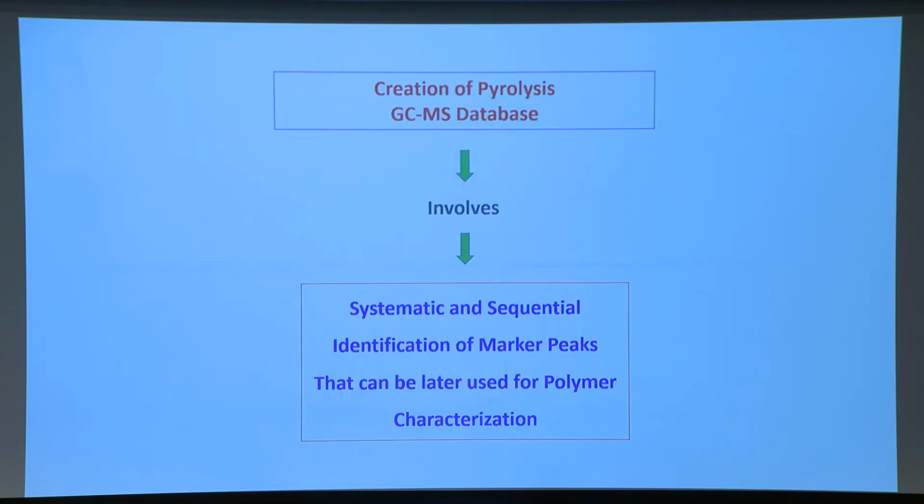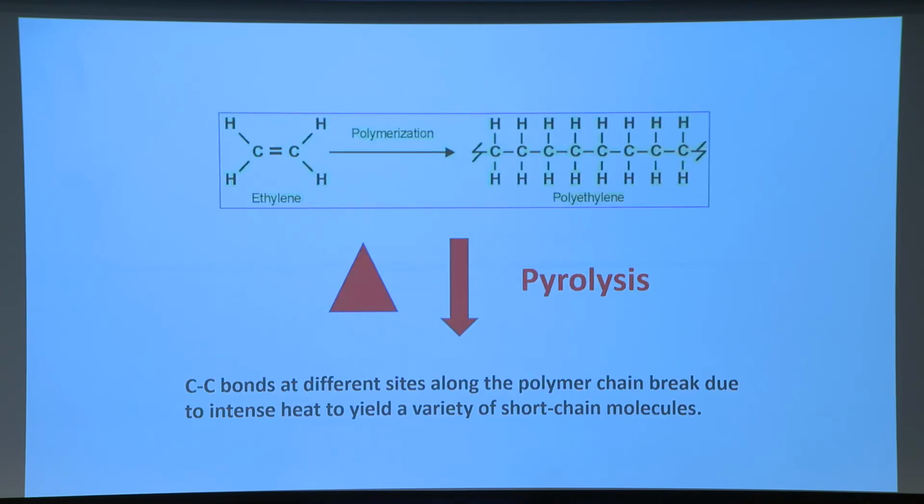So just to give you a brief demo, pyrolysis GCMS involves the systematic and sequential identification of marker peaks that we can use later for polymer identification. To give an example, ethylene, when you polymerize with radicals, becomes polyethylene. With the high energy, the bonds break at different places to yield a variety of short chain compounds.